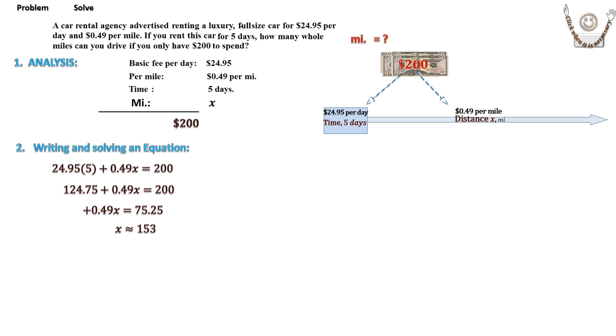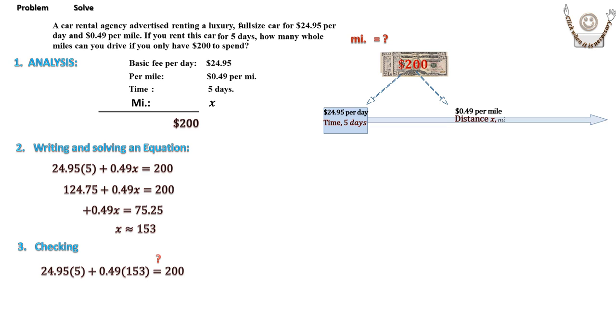Now removing parentheses and solving this equation, we can find that x is 153 units. Checking. We have to replace x in our original equation by 153 and check if the left side is equal to the right side or not.